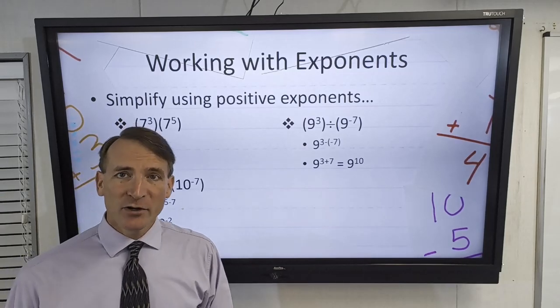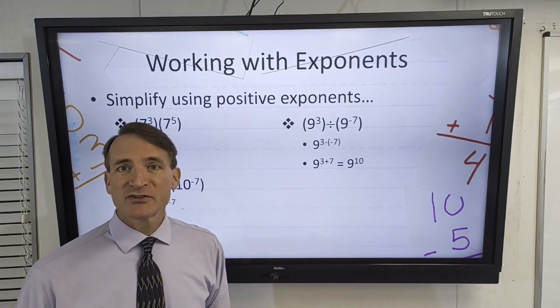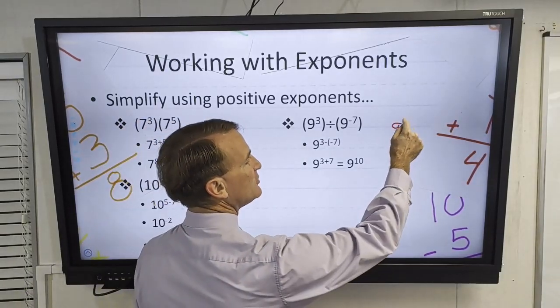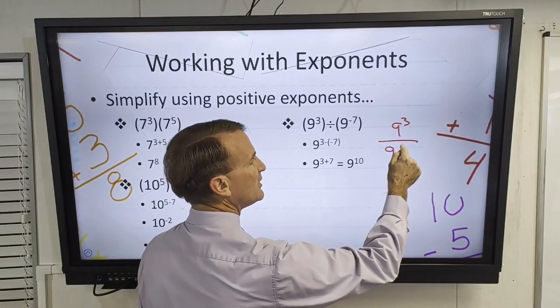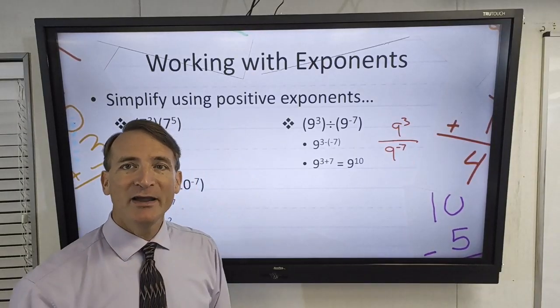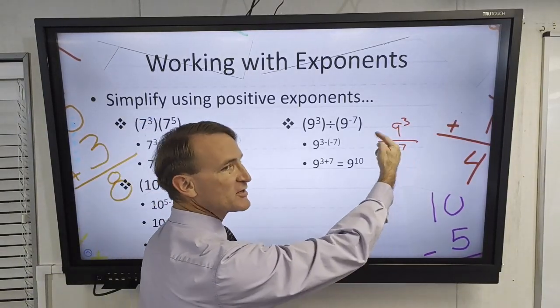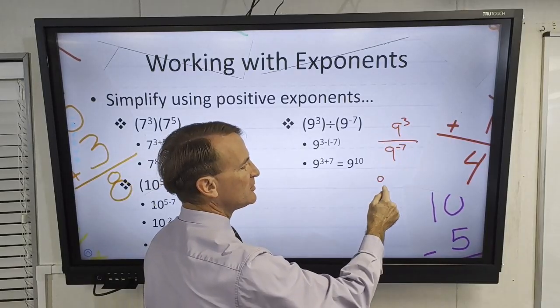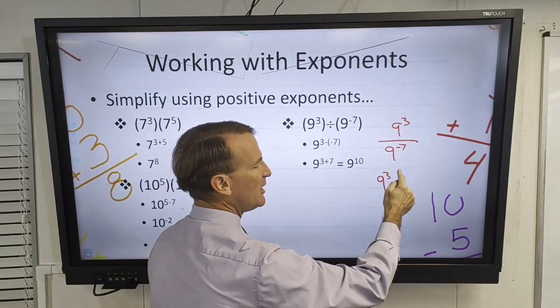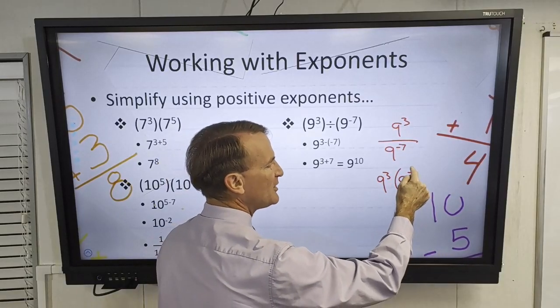Now, as an alternative, you could convert this into something else. For instance, if I had 9 cubed divided by 9 to the negative 7th power, because I'm dividing by that base, I could go ahead and move this base up into the numerator position. That would give me 9 cubed times 9 to the positive 7th.